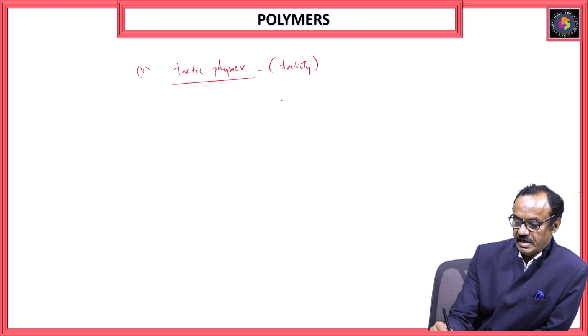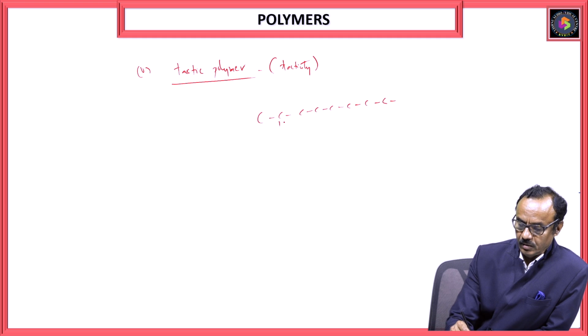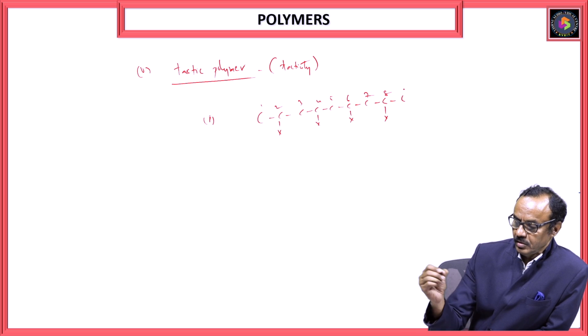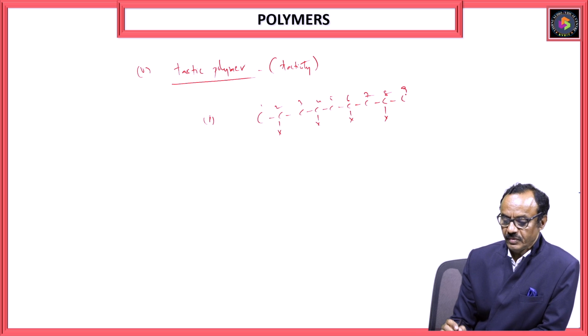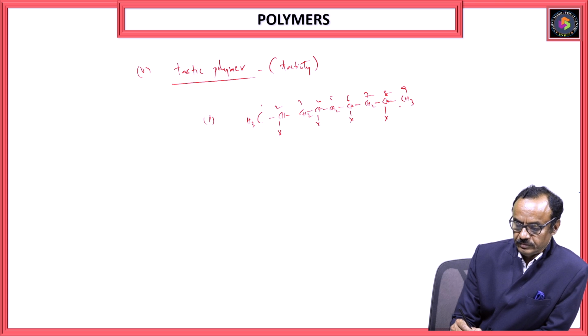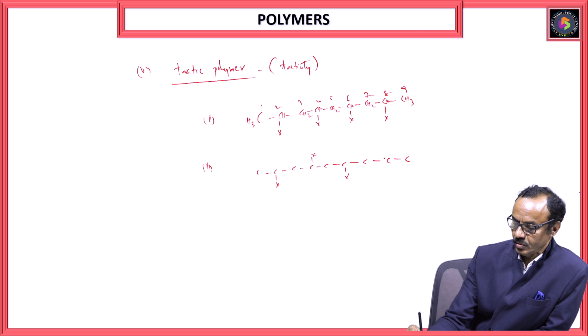So C8. I will give one compound, one polymer. Three types of polymers are there. Skeletal structure of the first one, skeletal structure of the second one, skeletal structure of the third one.